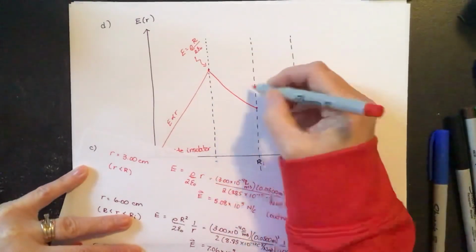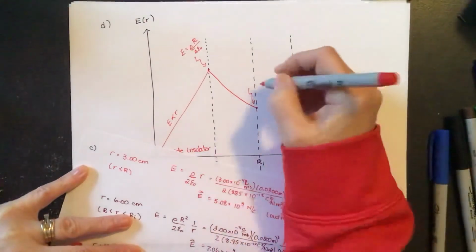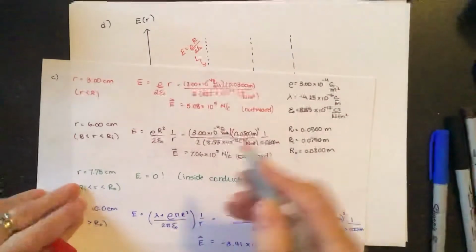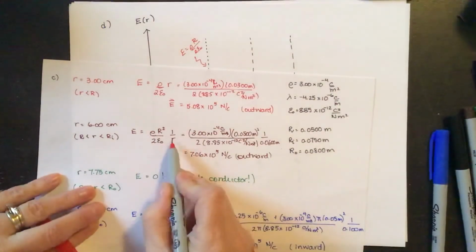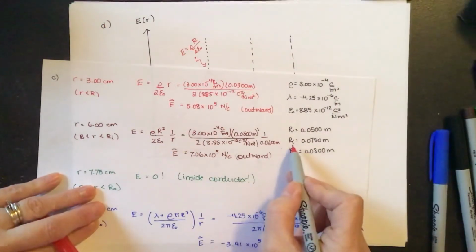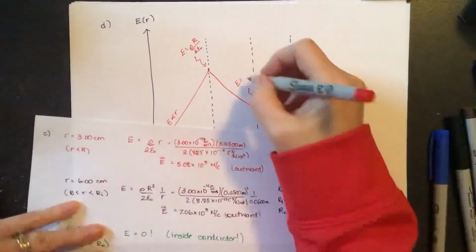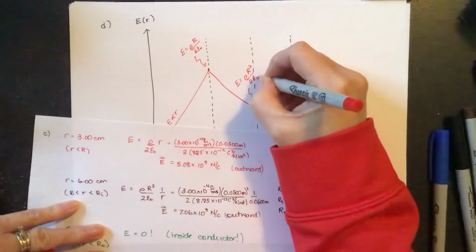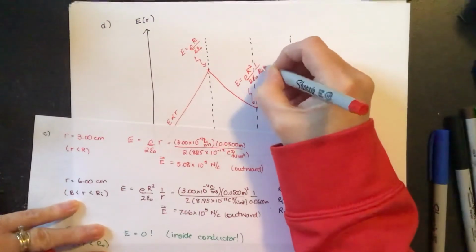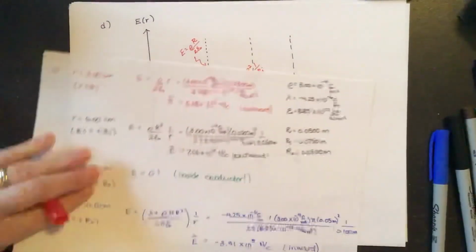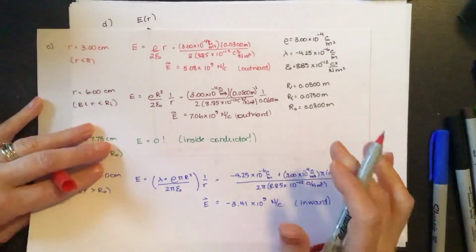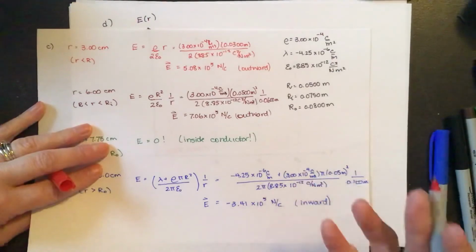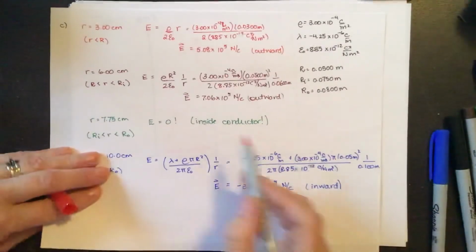And the value of the electric field right here would be E equals our expression right here, but for R we fill in the inner radius of the conductor. Okay, so there's our electric field at that point. It's good to think about these values as you're drawing your graph, just to make sure you don't get mixed up and you don't put things going to 0 when they're not supposed to.